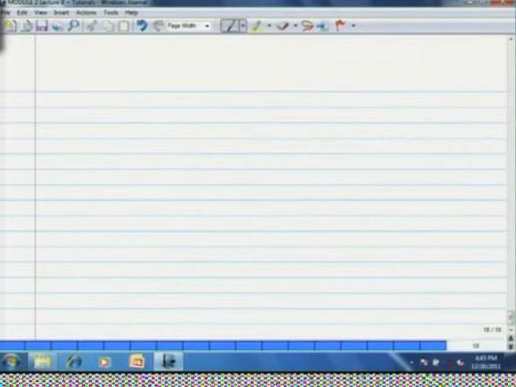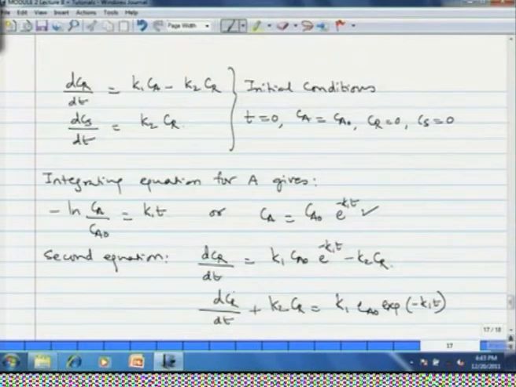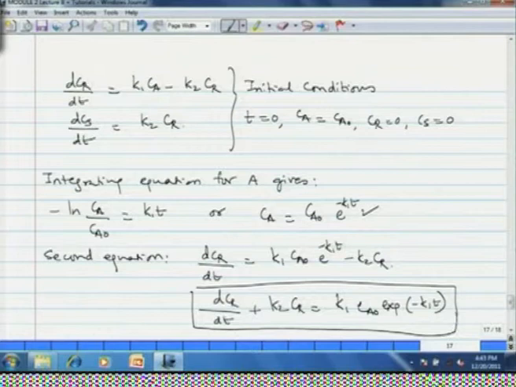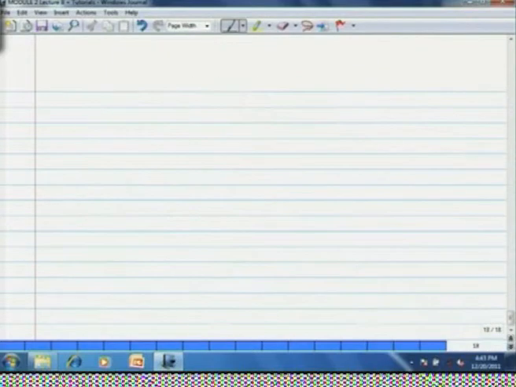Now, if we see what type of differential equation this expression for Cr is, then we find that the expression is very much similar to the first order linear differential equation in the form dy by dx plus py is equal to q.